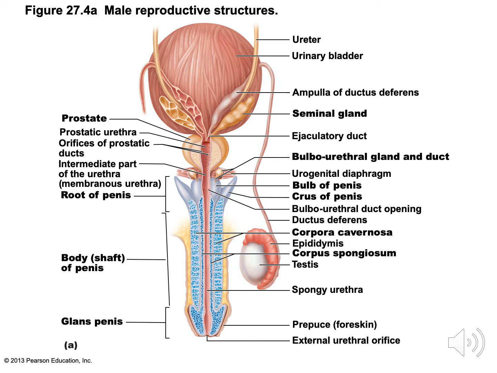So guys, I'm not going to talk too much about this slide, but it is really important for you to trace the path that the sperm would take starting from their production in the testis. And I think it's important for you to take some time to do that and identify all the structures like the ductus deferens and the seminal glands, the ejaculatory duct, bulbourethral glands, all those things, and be able to identify where each of those things are, but also be able to identify the functions of each of those.